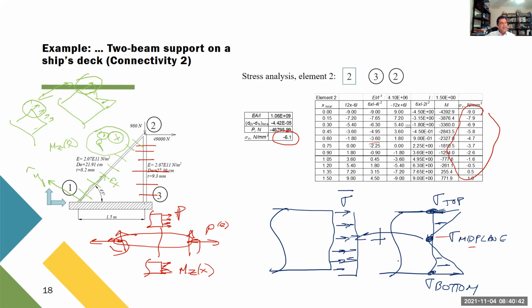This is an exercise we did in shear structure. When you have a value of stress up here and a value of stress down here, if you do the subtraction and divide it by 2, you can obtain the value of the stress because of bending. If you add and divide it by 2, then you have the stress because of the axial force.